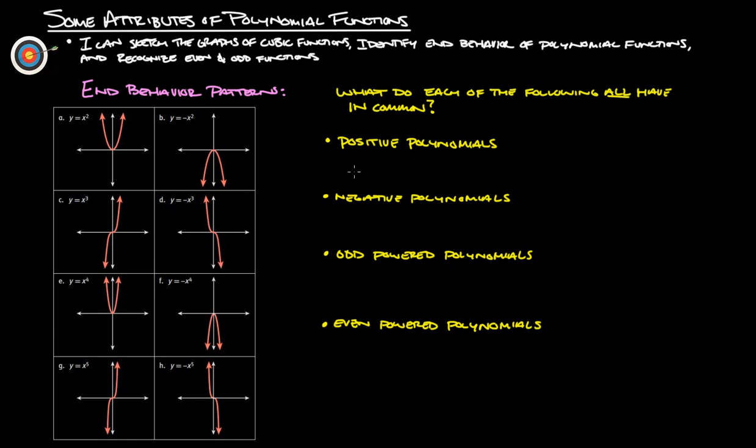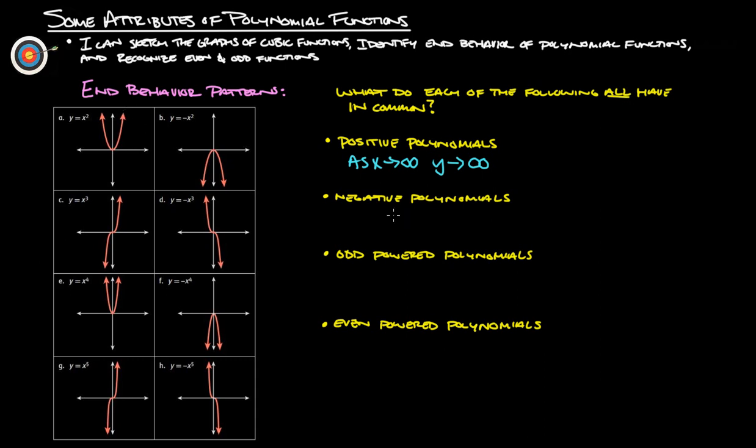So for all positive polynomials, as x approaches infinity, y will also always approach infinity. So it'll always end up going up. All positive polynomial functions always end up going up.